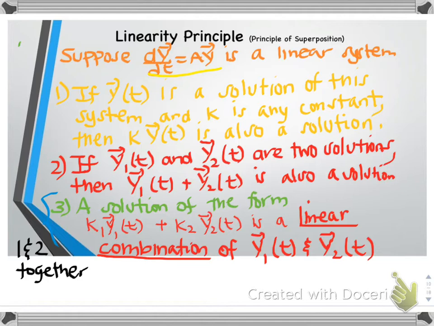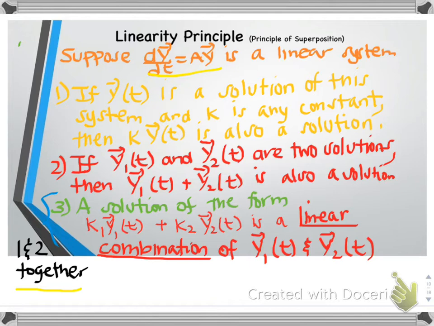Now, 3 is basically putting 1 and 2 together. So that's why I made this little note down here. 1 is telling us if y(t) is a solution, then k times y(t) is a solution.